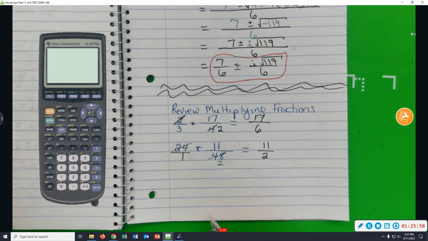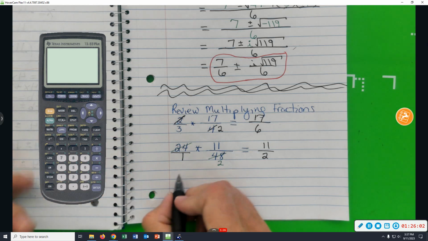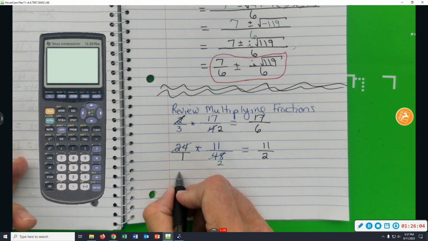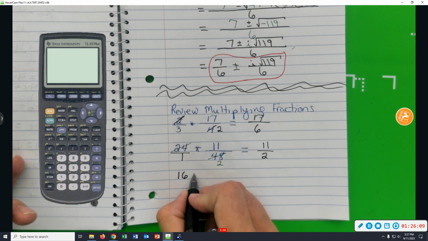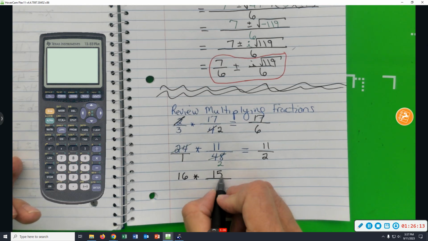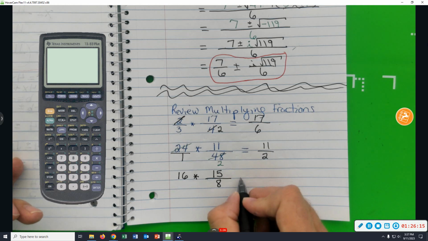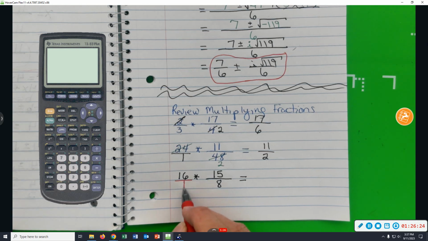One more. 16 times 15 over 8. How would I multiply those two numbers together? I would think of 16 as 16 over 1. And can I do any cross-canceling?